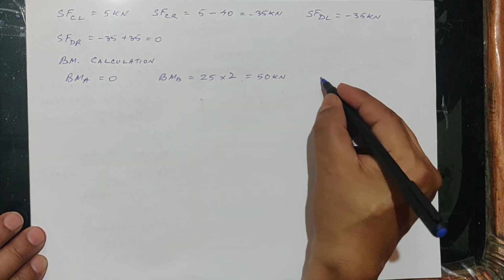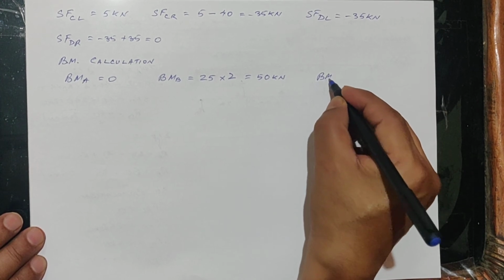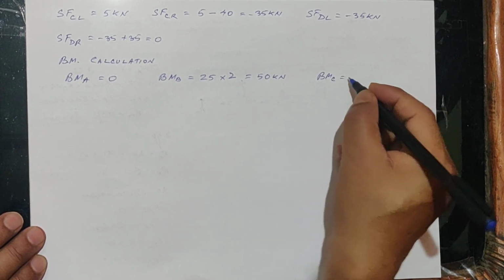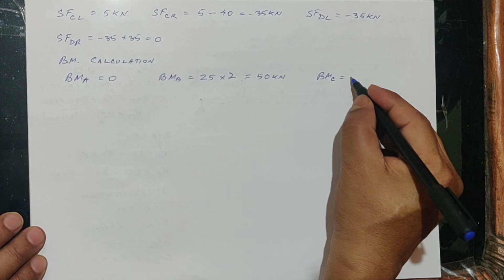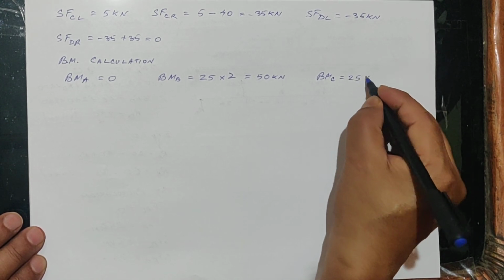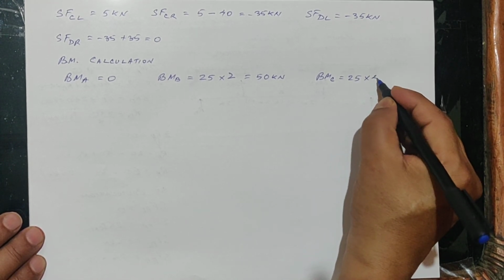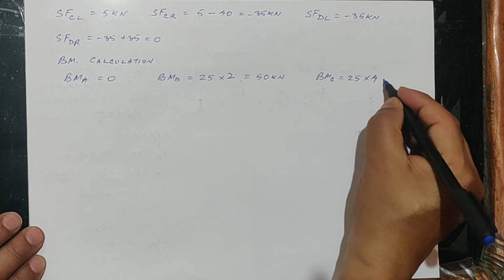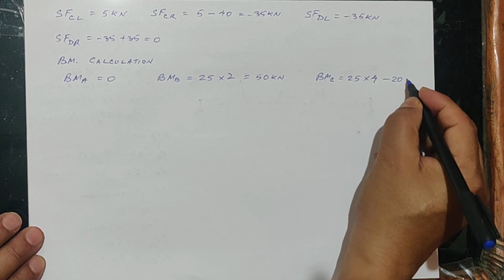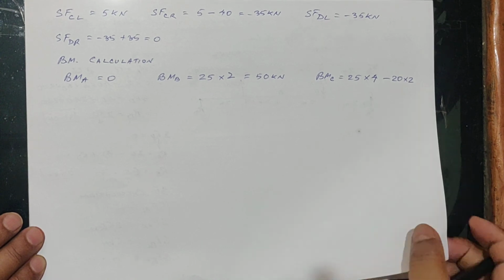Now BM at C is equal to 25 multiplied by 4 minus 20 multiplied by 2.